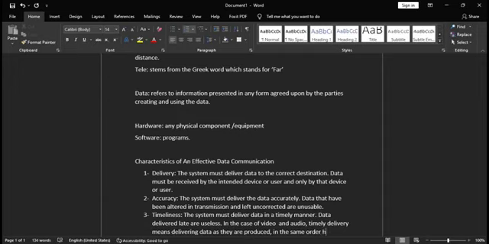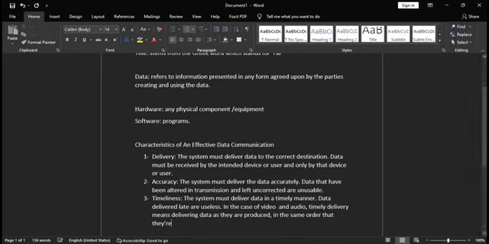The same order that they are produced, and without significant delay.